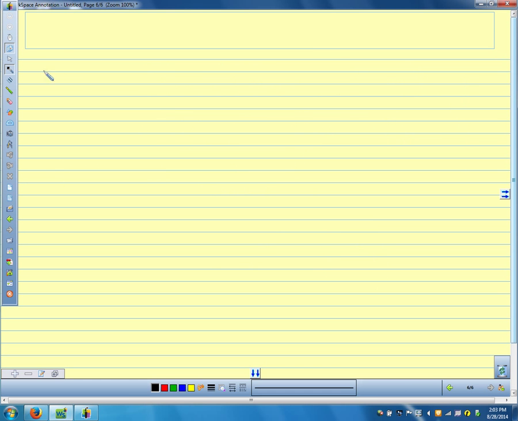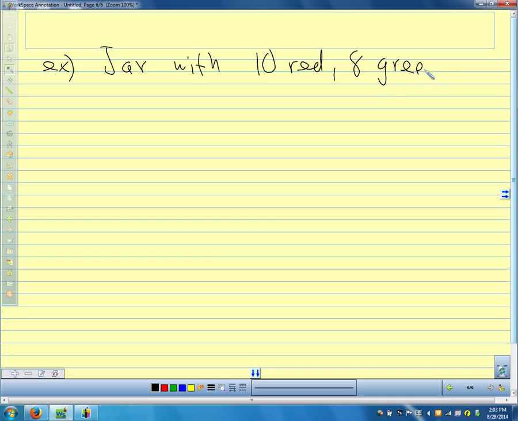All right, so in a lot of probability problems, they like jars full of marbles. So we have a jar with 10 red, 8 green, 5 blue, and 6 white marbles.